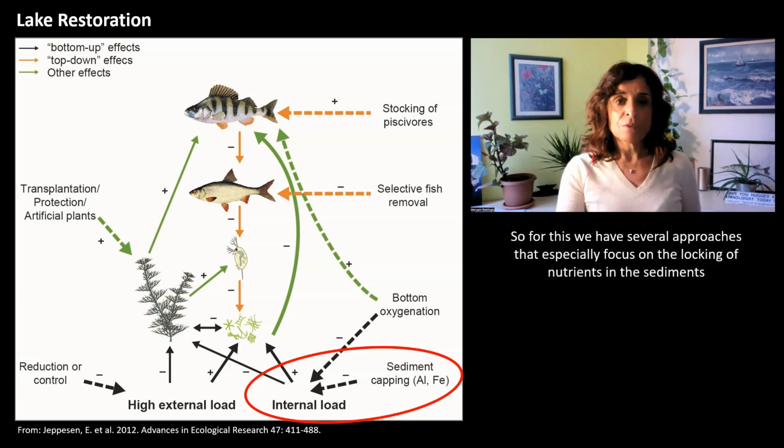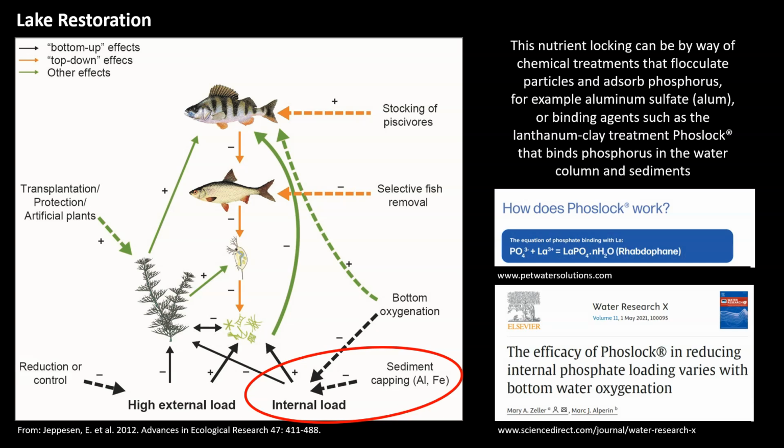So for this, we have several approaches that especially focus on locking the nutrients in the sediments. This nutrient locking can be by way of chemical treatments that flocculate particles and adsorb phosphorus, for example, aluminum sulfate or alum, or binding agents such as the lanthanum clay treatment Phoslock that binds phosphorus in the water column and sediments.